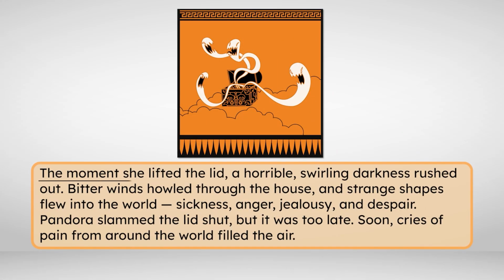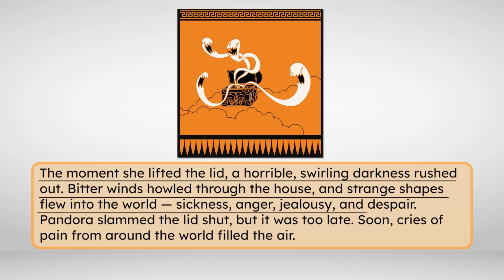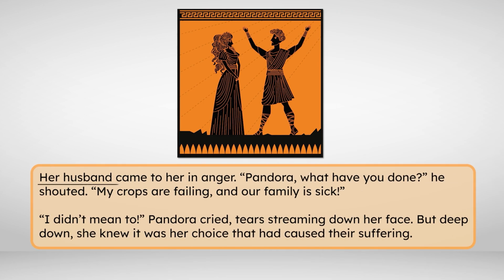The moment she lifted the lid, a horrible, swirling darkness rushed out. Bitter winds howled through the house, and strange shapes flew into the world. Sickness, anger, jealousy, and despair. Pandora slammed the lid shut, but it was too late. Soon cries of pain from around the world filled the air. Her husband came to her in anger. "Pandora, what have you done?" he shouted. "My crops are failing and our family is sick."